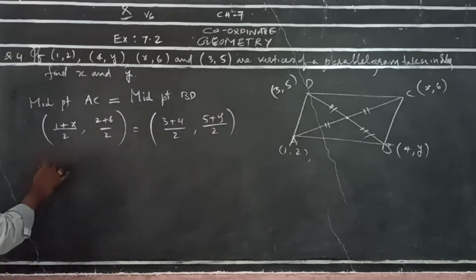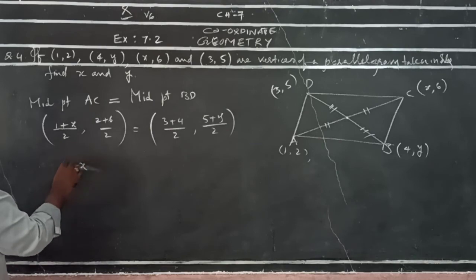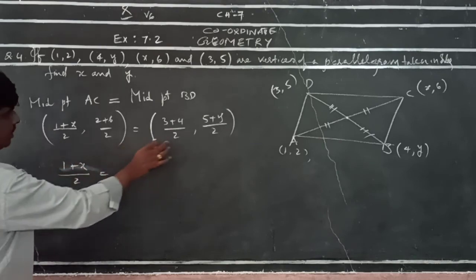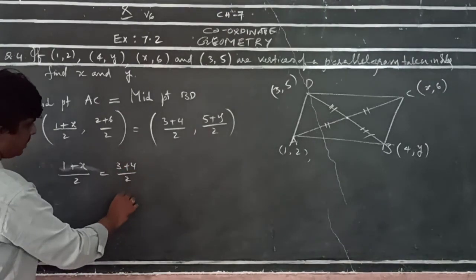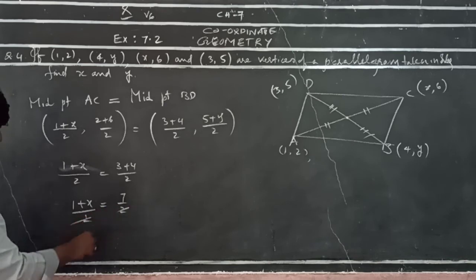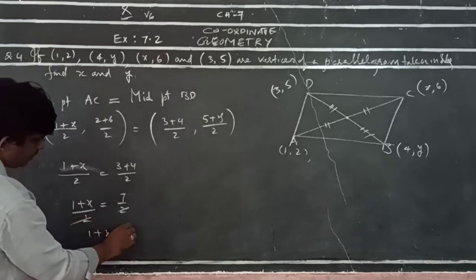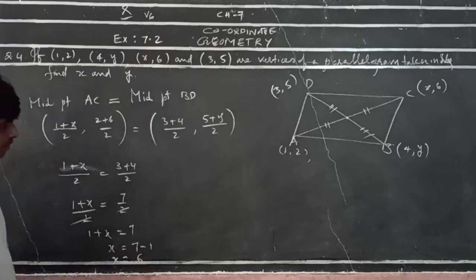So (1 + x)/2 is equal to the x coordinate, (3 + 4)/2. It means 7/2 is equal to (1 + x)/2. The 2 gets cancelled. 1 + x is equal to 7. So x is 7 minus 1, which is 6. x is equal to 6.